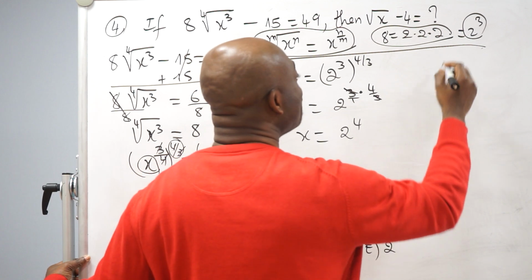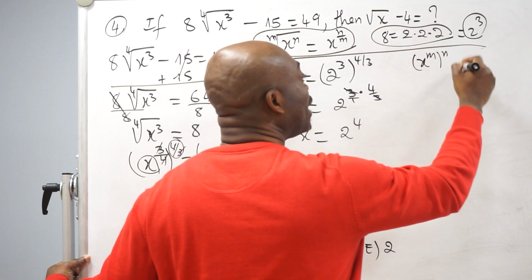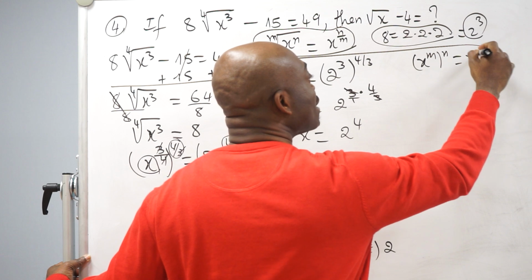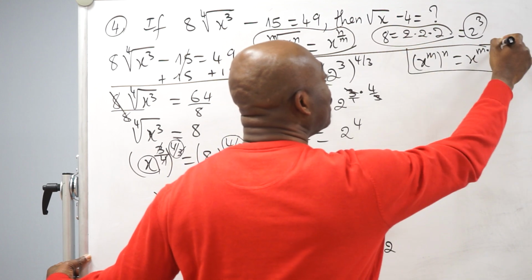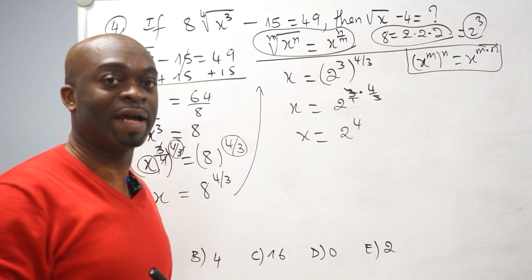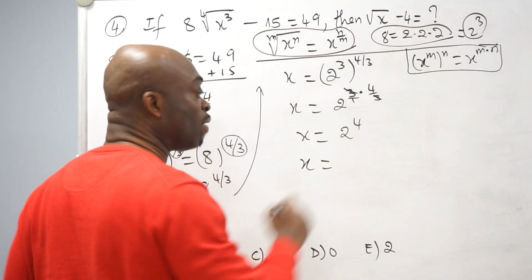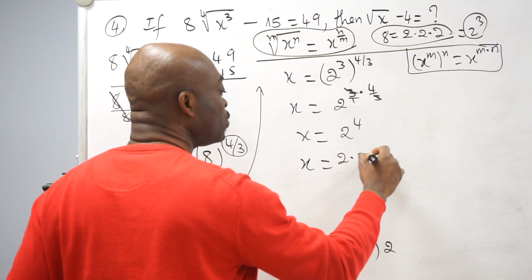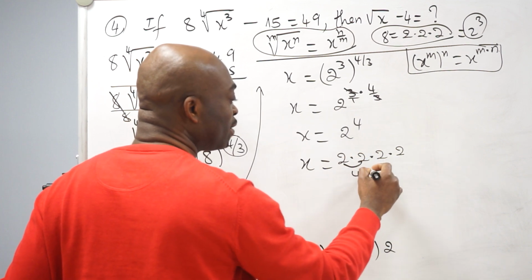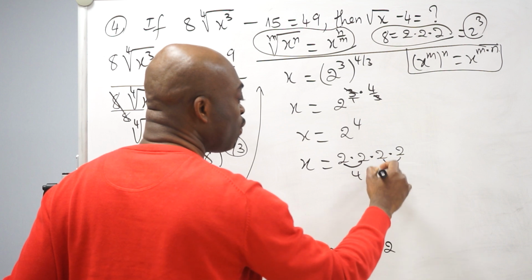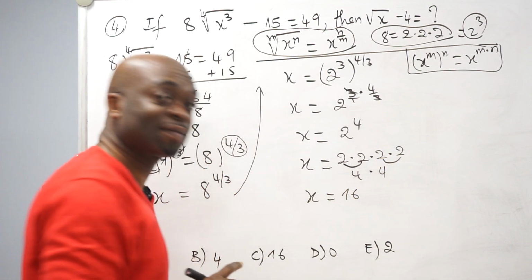We worked on those before. So x to the m raised to the power n is equal to x to the m times n. Keep that in mind as well. So we end up with x equals 2 to the 4th power, which is the same thing as 2 times 2 times 2 times 2. So 4 times 4 is 16 for x.